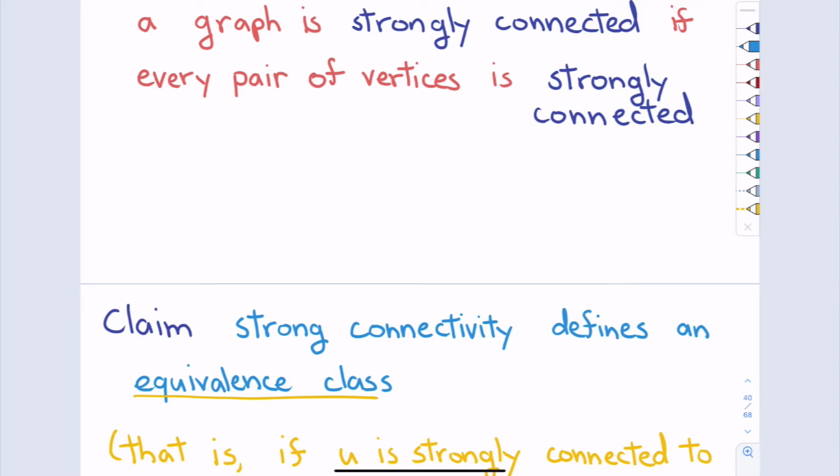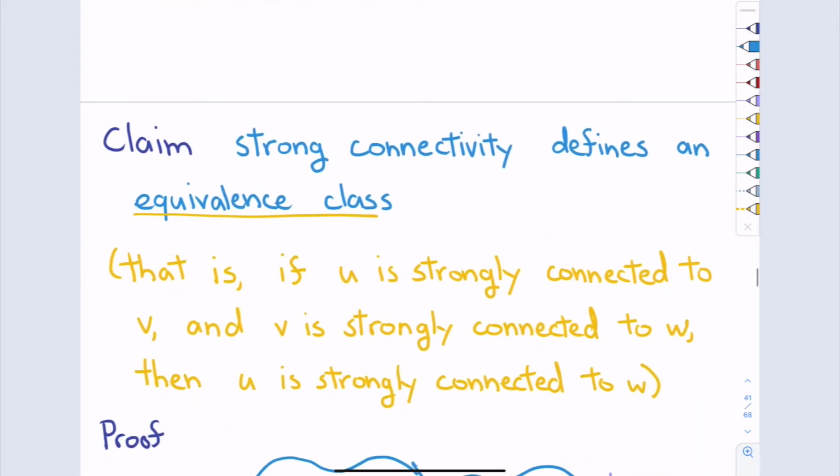All right. The point I want to make here about strong connectivity is that there's a lot of symmetry imposed by this definition. The fancy word is to say that it defines an equivalence class.